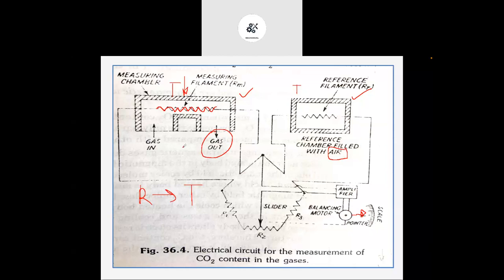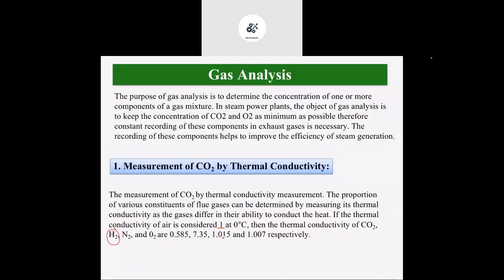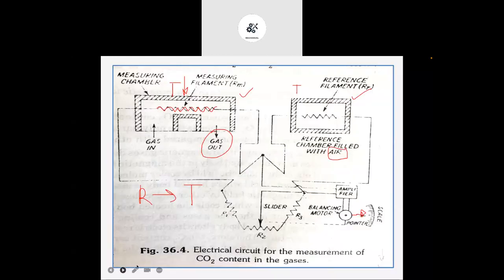a slider has been provided. By using this slider, we can balance this particular resistance inside the bridge. Now, the output given by this particular slider is amplified, and it will be shown on the scale, and that's how we can find out the CO2 content inside the gas. As we know, the thermal conductivity of CO2 with respect to air is very less, right?